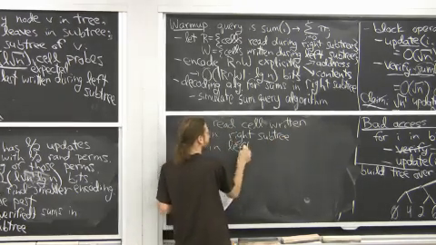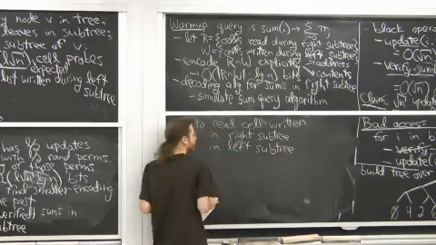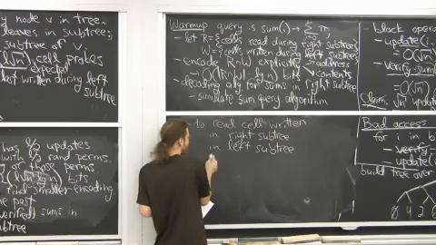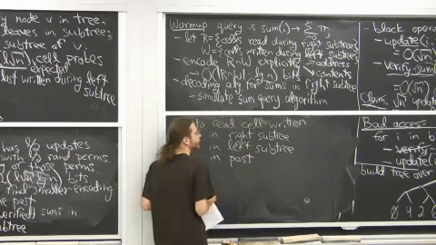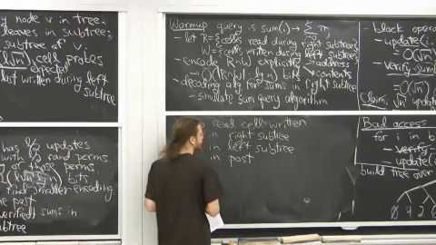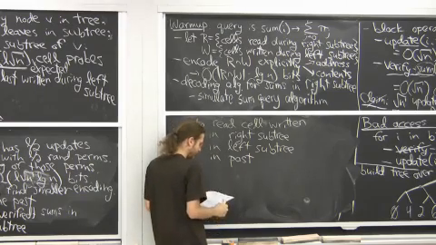There are three cases for reads. It could be that the thing you're trying to read was written in the right subtree. It could be that it was written in the left subtree. Or it could be it was written in the past before we got to V's subtree. Now, we don't necessarily know which case we're in, but I claim we'll be able to figure it out.